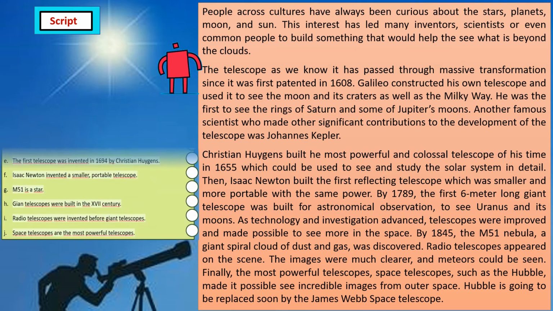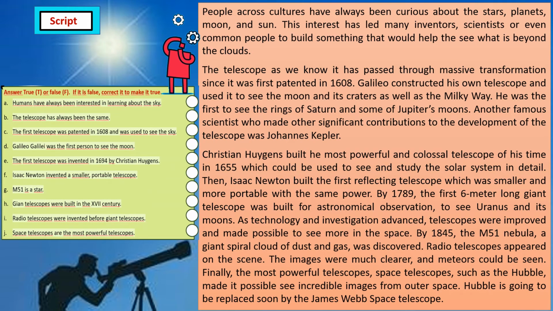So let's see. Over here we have the exercise, and we're going to solve letter A and letter B. Letter A, it says, humans have always been interested in learning about the sky. So, in this sentence it says, los seres humanos siempre han estado muy interesados en aprender cosas acerca del cielo.